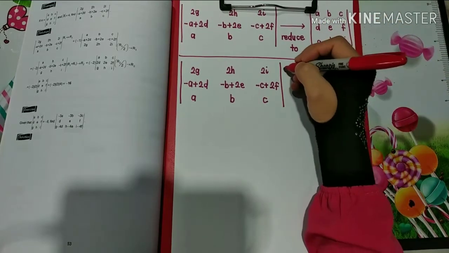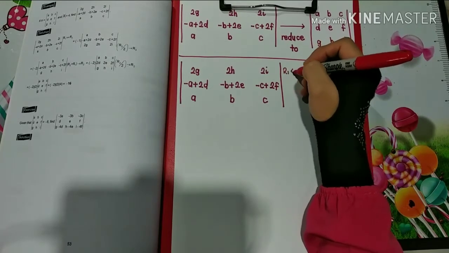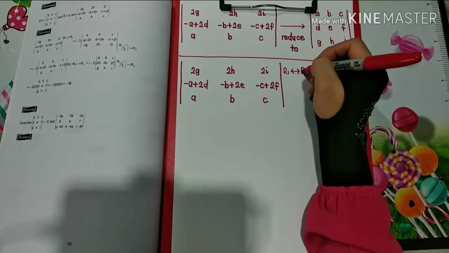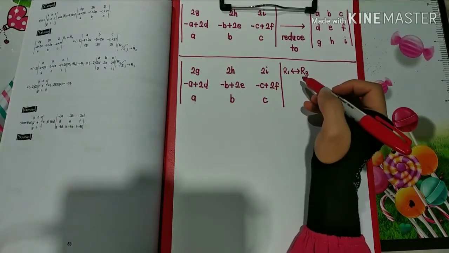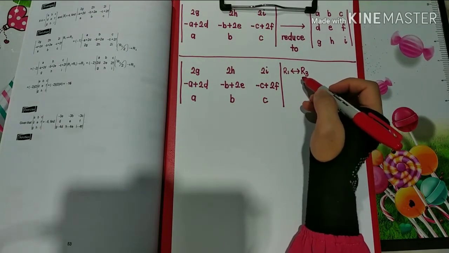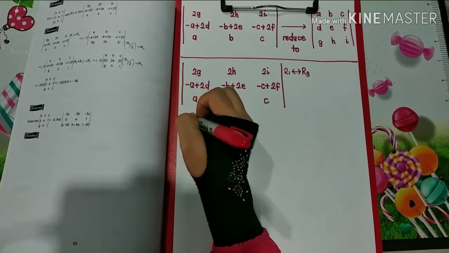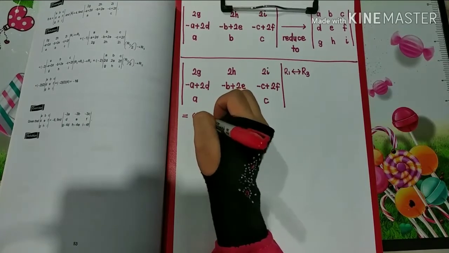So what you need to do? You interchange R1 here with R3. Remember what happens to the determinant. If you interchange two rows, you need to multiply by -1.